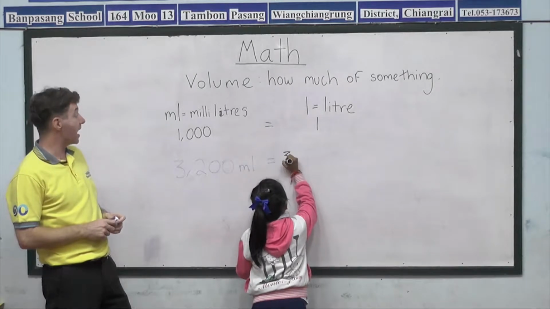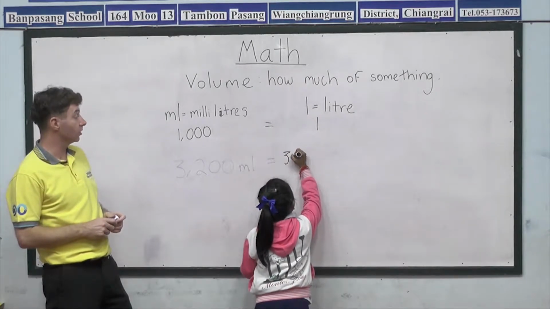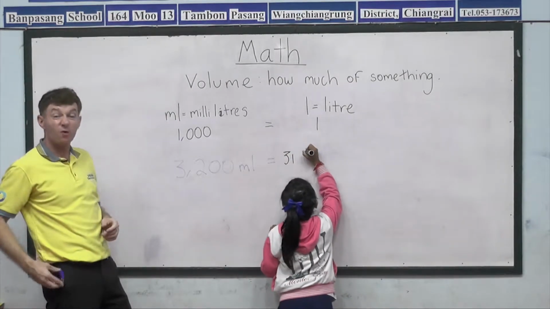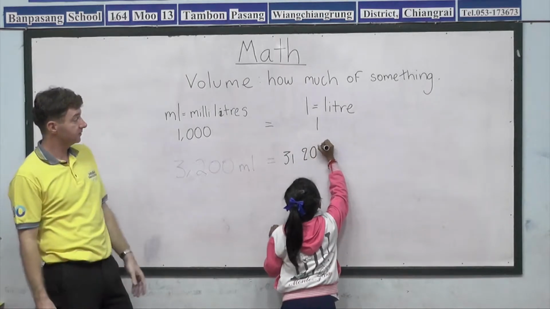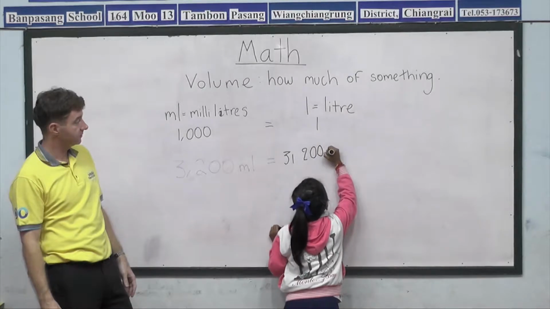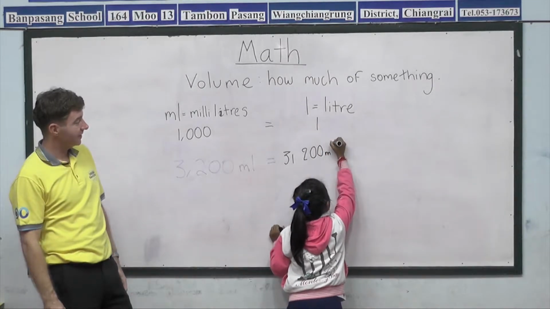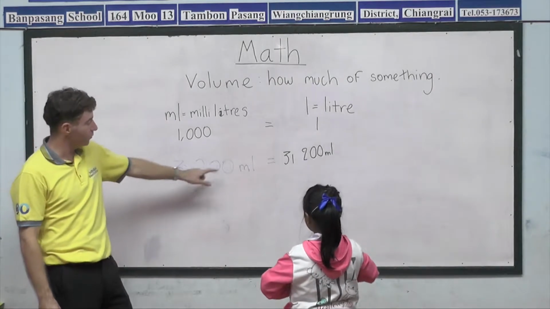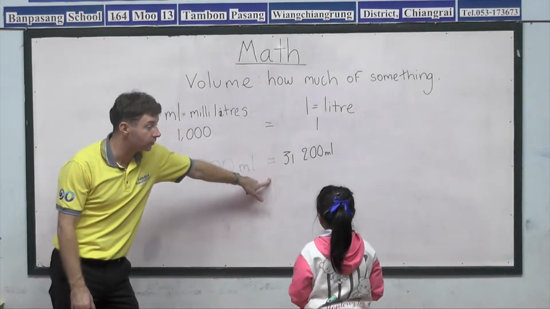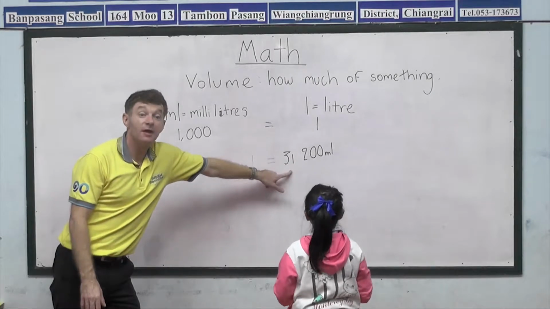So 3,200. First of all, we take our 3,000 milliliters. Excellent. 3,200 milliliters equals 3 liter, 200 milliliters.